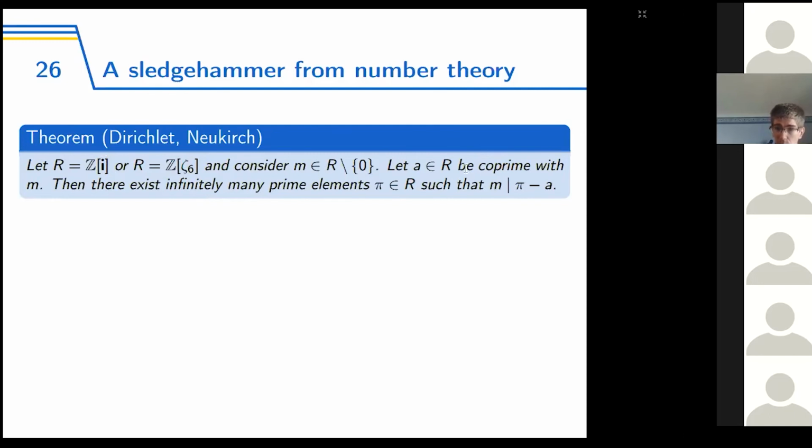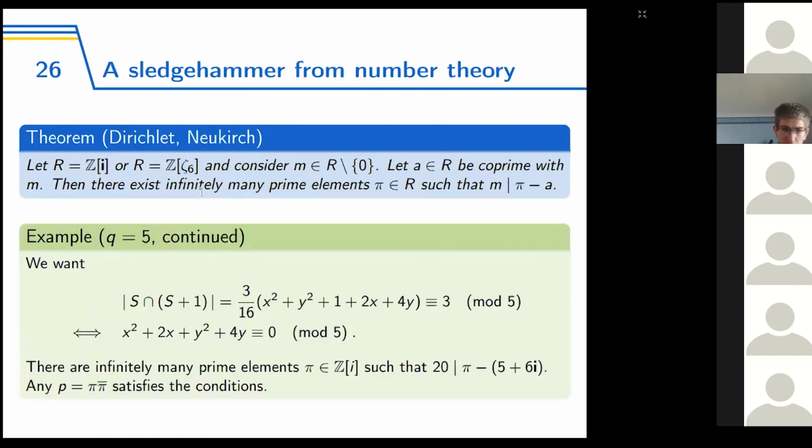And also there, if you take an arithmetic progression, so a and m co-prime, then you have an infinite number of prime elements in this arithmetic progression. And of course, by this I mean prime elements in these new rings, not primes of the integers.